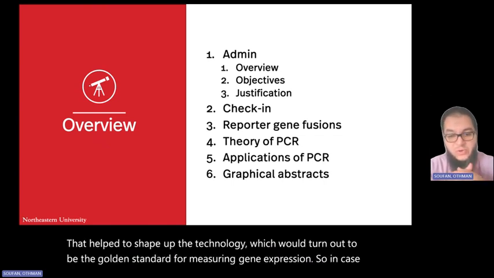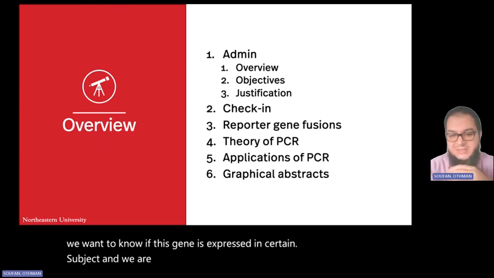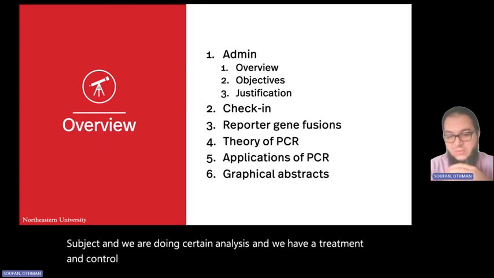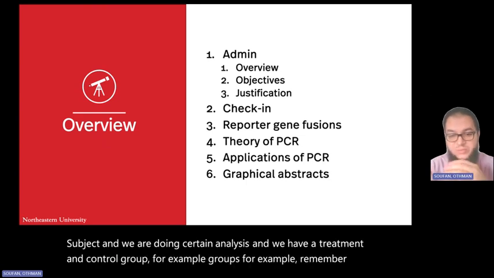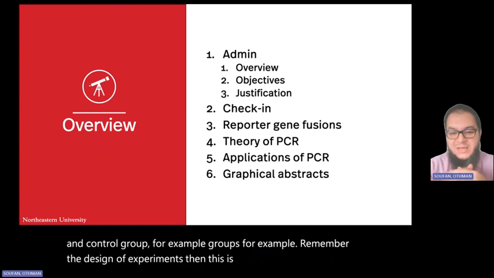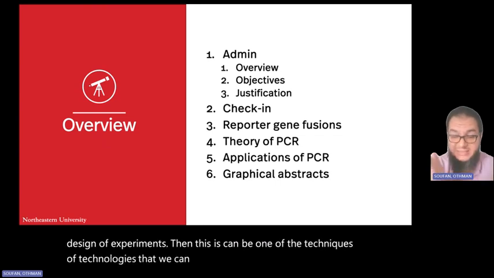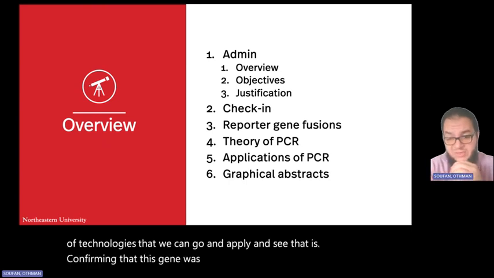In case we want to know if this gene is expressed in a certain subject and we are doing a certain analysis and we have a treatment and control group, for example, remember the design of experiments, then this can be one of the techniques that we can apply to see if that is confirming that this gene was expressed or not, for example.